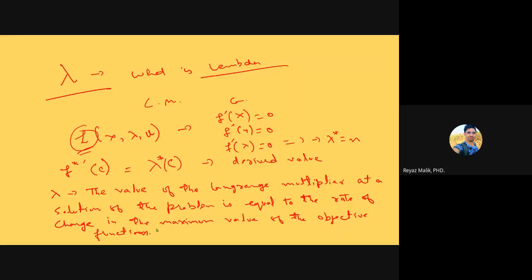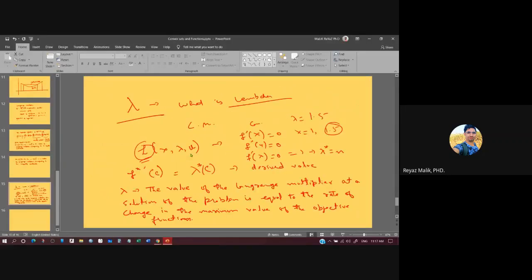For example, I will write here, the value given by lambda is 1.5. So if x changes by 1, the output will change by this many units. If x changes by this much, the output will increase by 1.5. That is the role of lambda. Tomorrow we'll do some functions and some solutions.